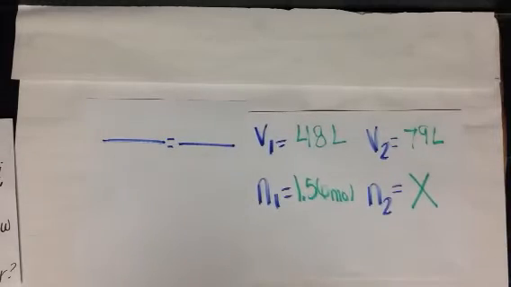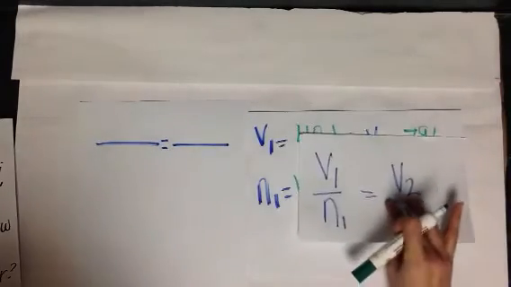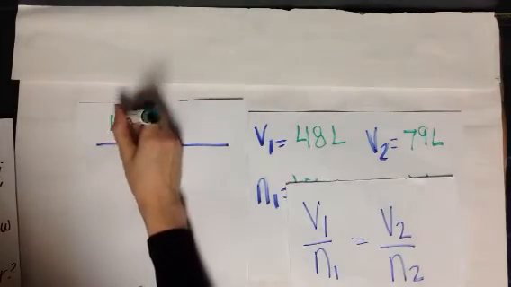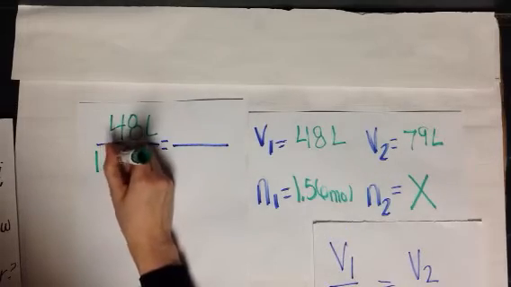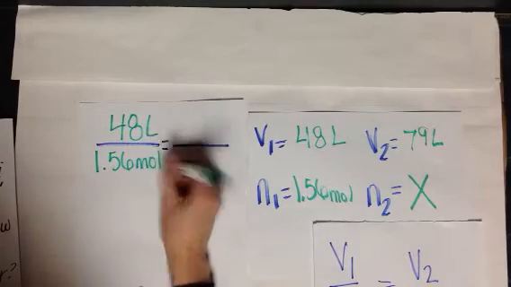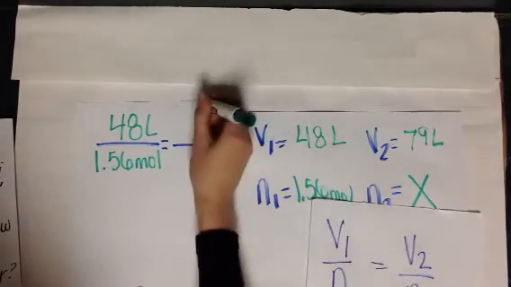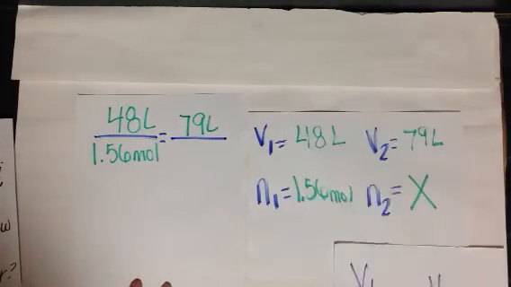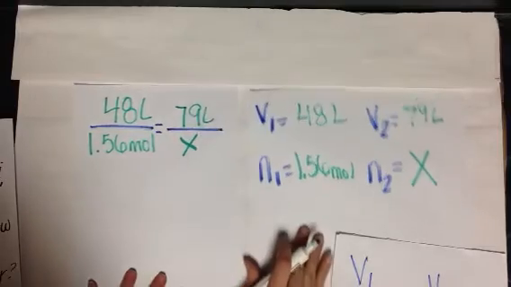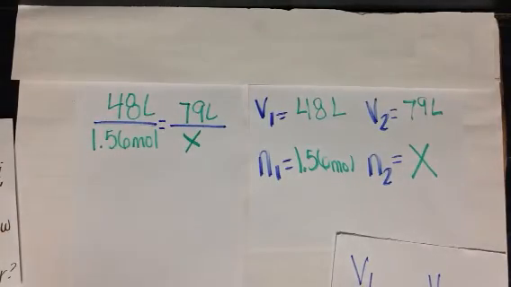All right, let's begin. Let's remember the equation. V1 goes on top, 48 liters, over N1, 1.56 moles, equals V2 on top, 79 liters, over N2 on the bottom, and N2 is X. Easy for us to do here.